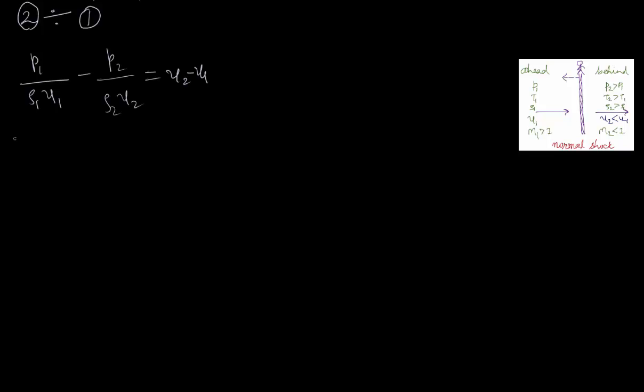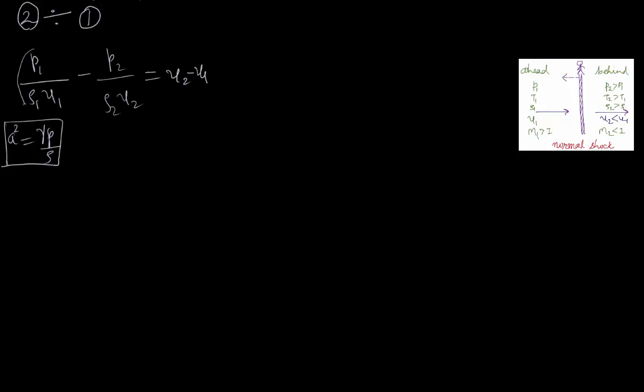Now we know that a square is equal to gamma P by rho. So from here we can find P by rho will be a square by gamma.